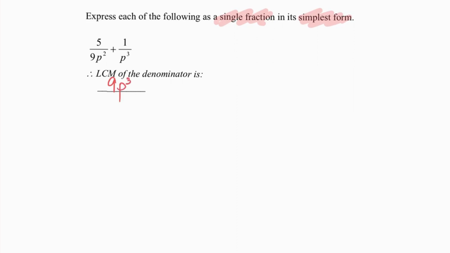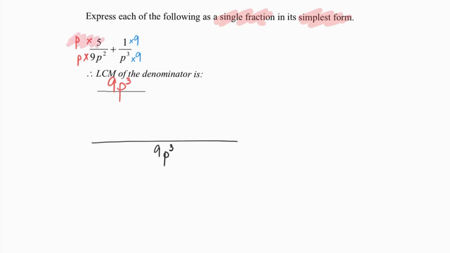Meaning that to make them the same, I would have to multiply by p here so that I get my 9p cubed, and here I will multiply by 9 so that the whole thing will be over 9p cubed.